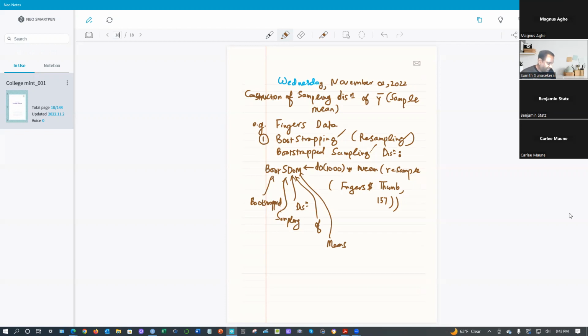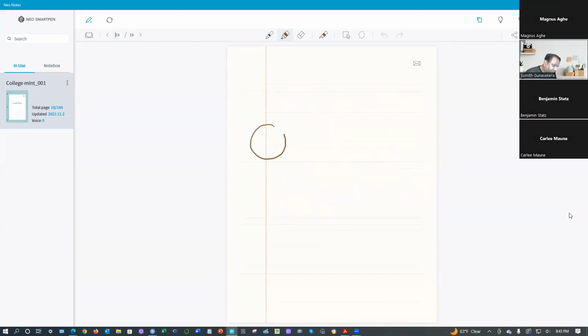Can you remember, if you come to the pictorial form, we had this. From this, you need one sample, sample 1, of size n equals 157.